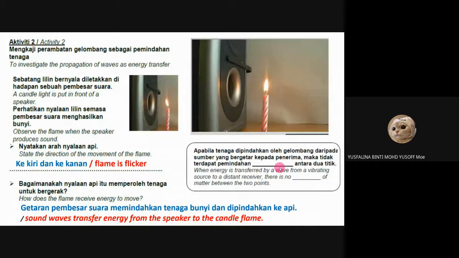When energy is transferred by a wave from a vibrating source to a distant receiver, there is no transfer of matter between the two points. Sorry, there is no matter being transferred, only energy being transferred. So that's the video.